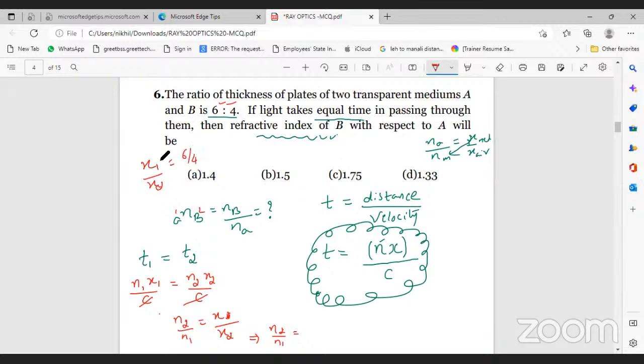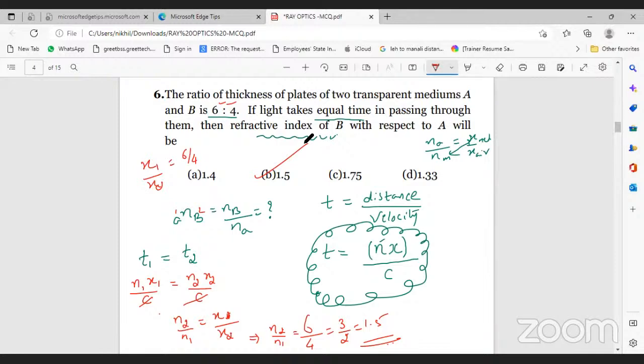So n2 by n1 is equal to x1 by x2. What is x1 by x2? So 6 by 4, sir. So this is nothing but 3 by 2. What is 3 by 2? So 1.5. So what is the right option? 1.5.